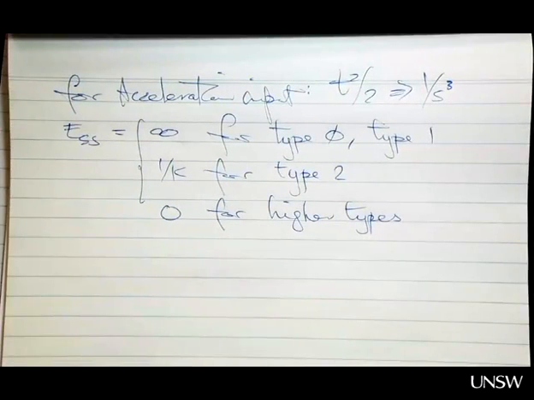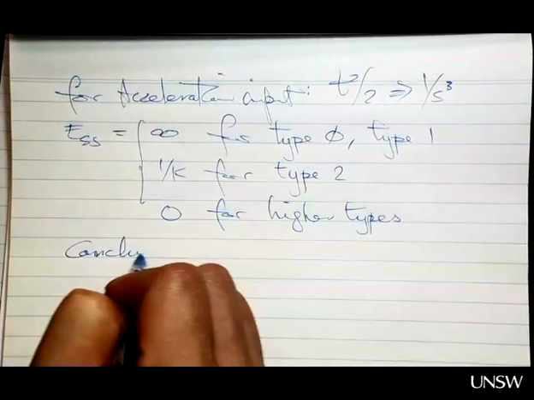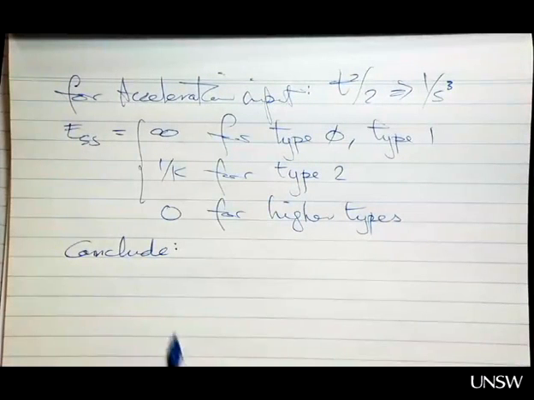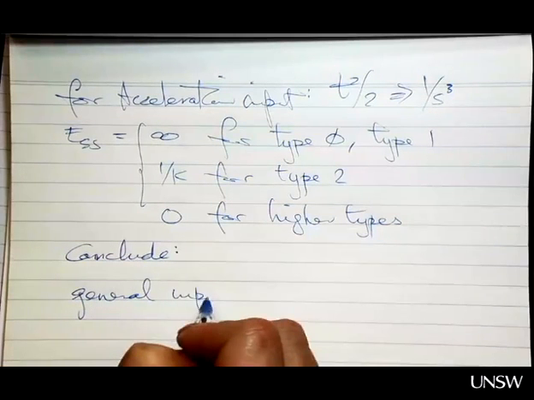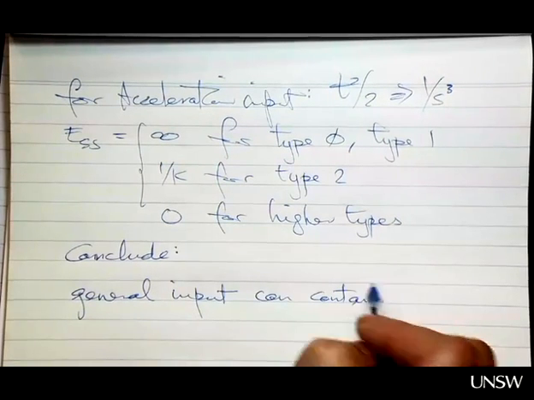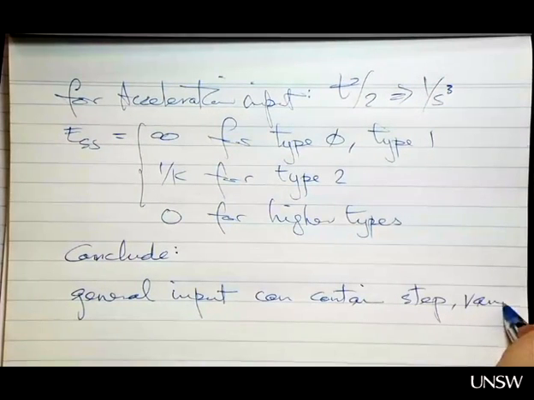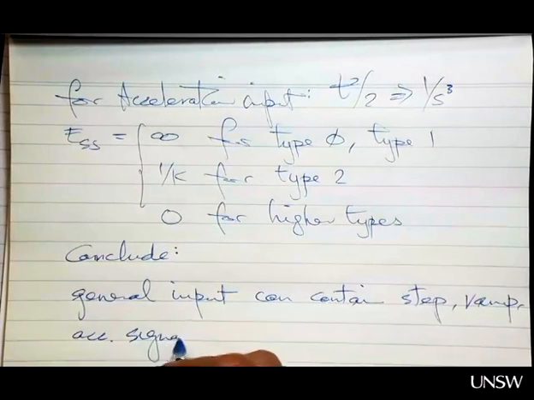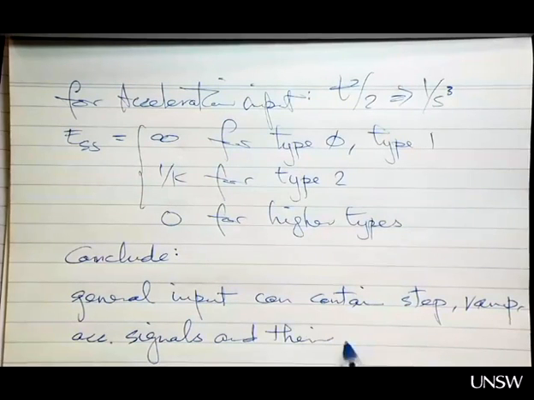So what we can conclude is that the general input can contain a step, the ramp, the acceleration signals, and their combinations.